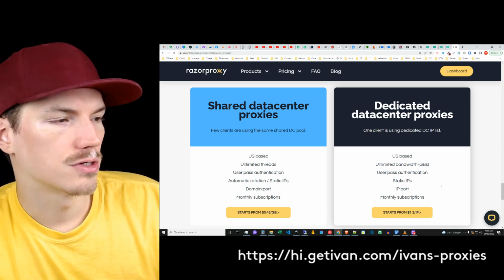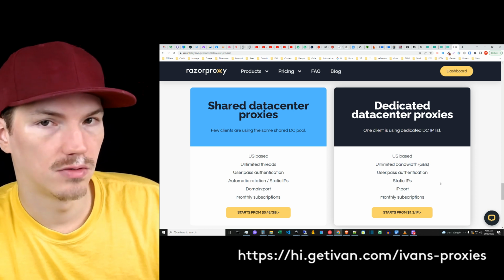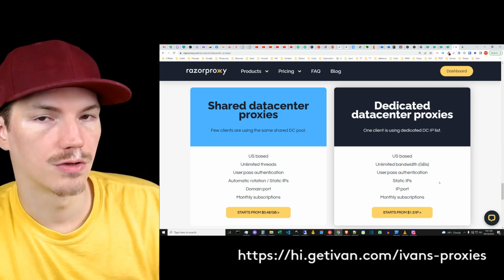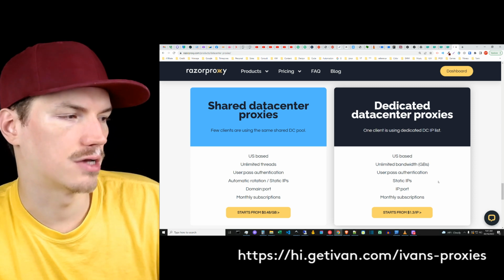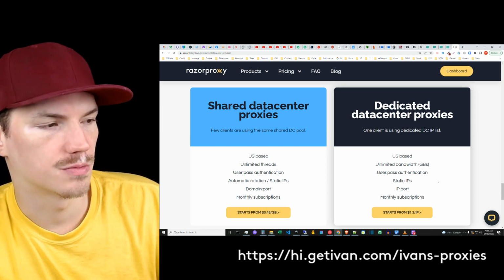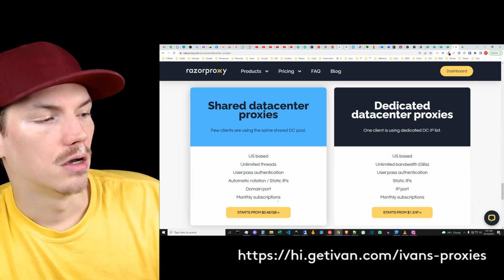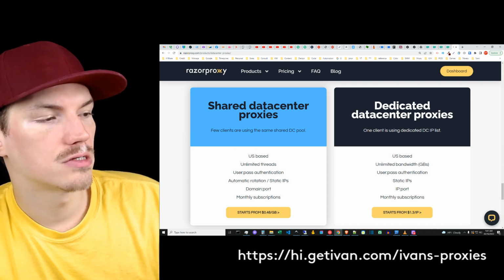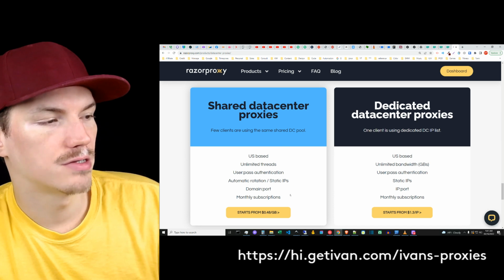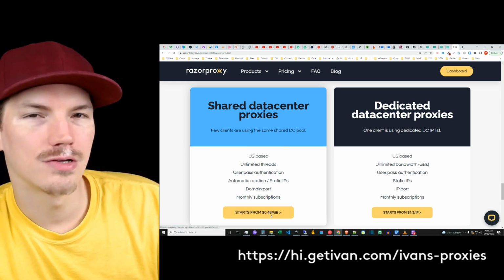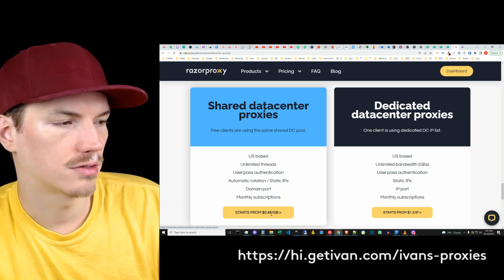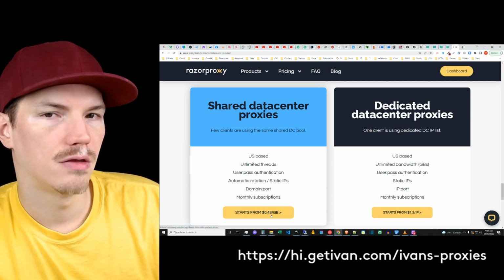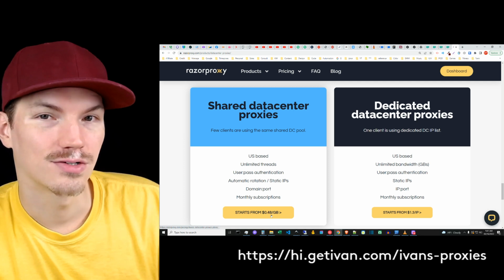Unfortunately, because it's not compatible with my direct par-for-par use case, I'm not going to sign up here and do a case study on this one either. In the shared data center pricing structure, I don't get why services do this. This is so unattractive. Why would I pay 50 cents a gig? That's crazy.